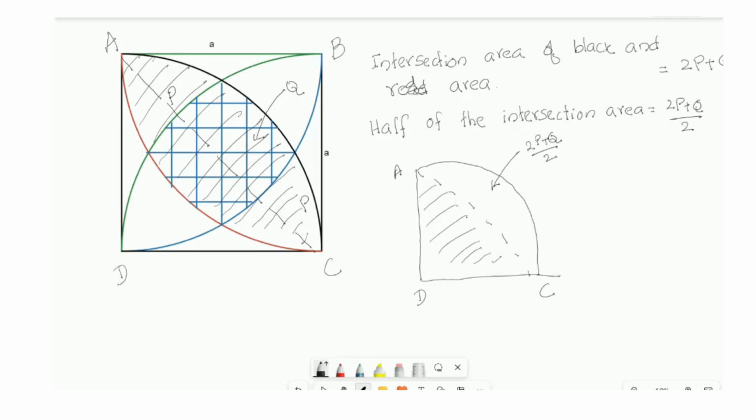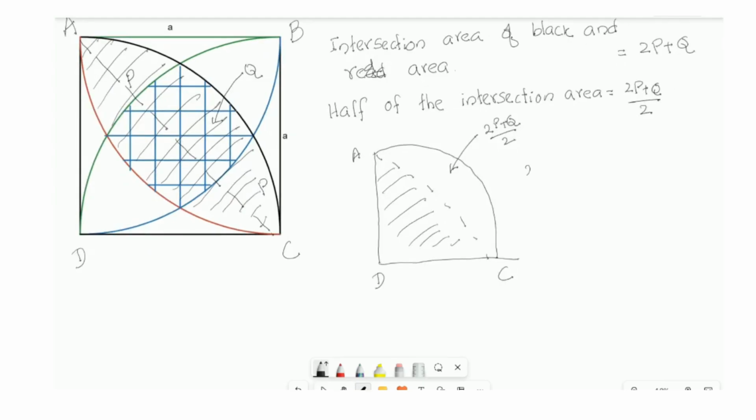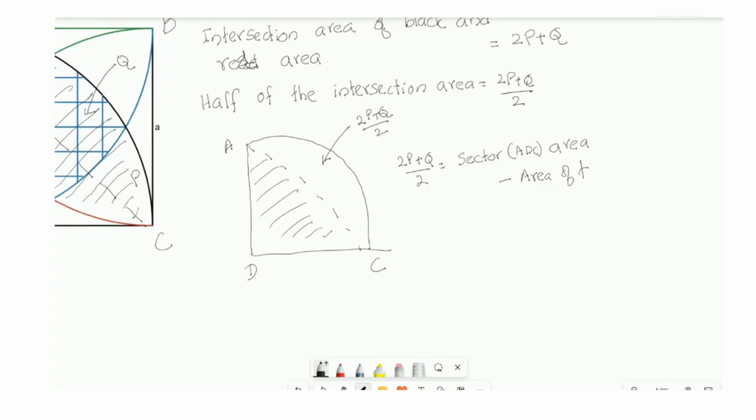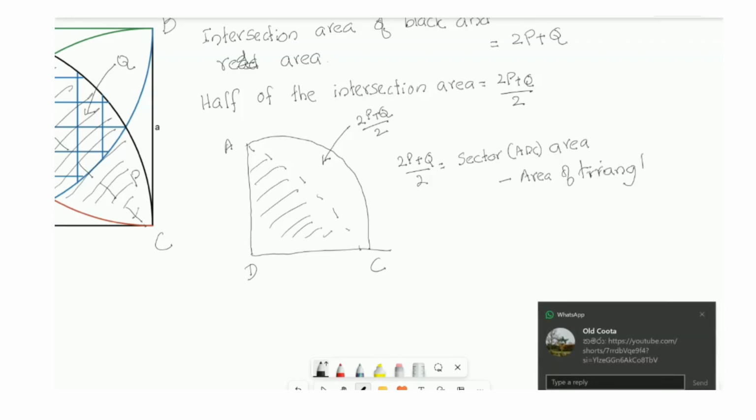So now therefore I can write that this (2P plus Q) divided by 2 is equal to sector ADC area minus area of the triangle ADC.